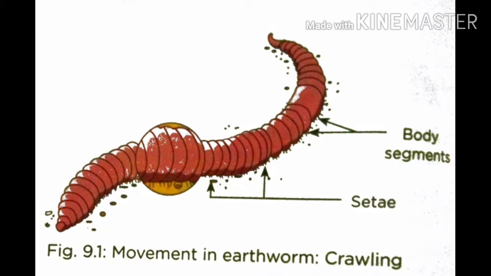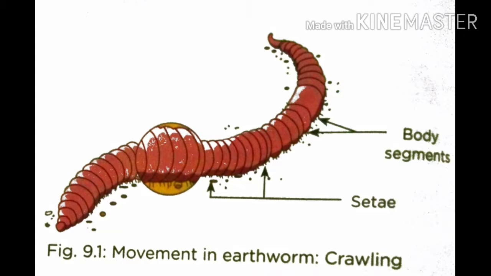Then it shortens the body and pulls the rear end forward. This makes it move forward by a small distance.